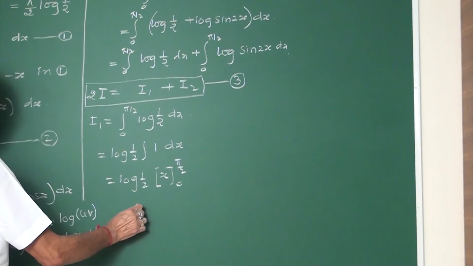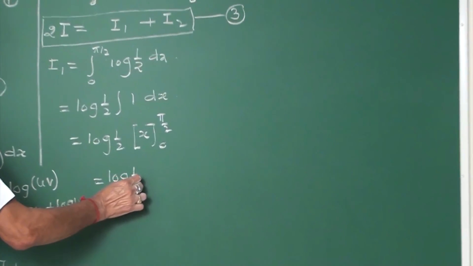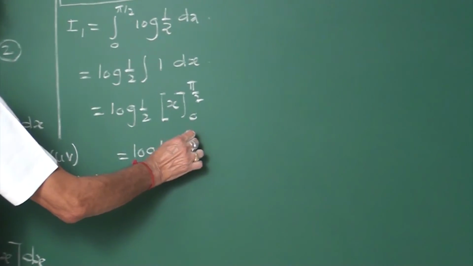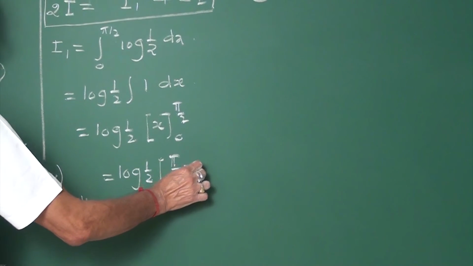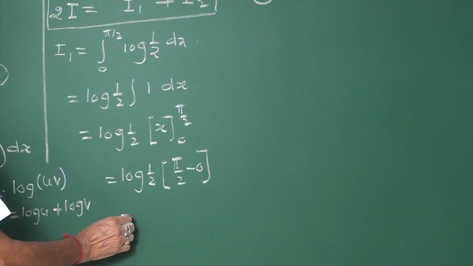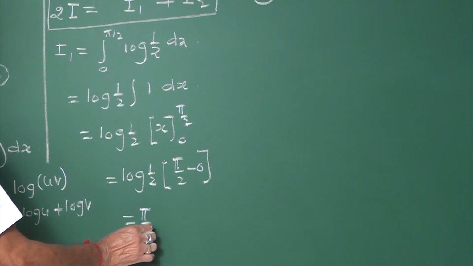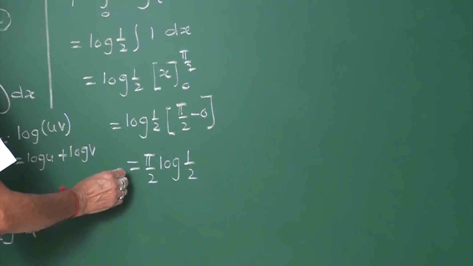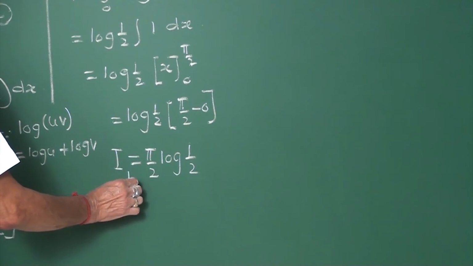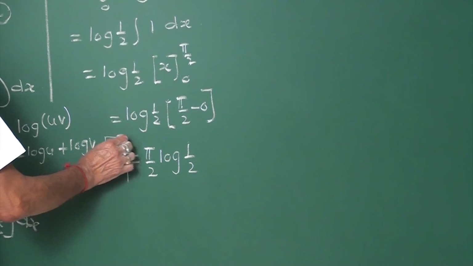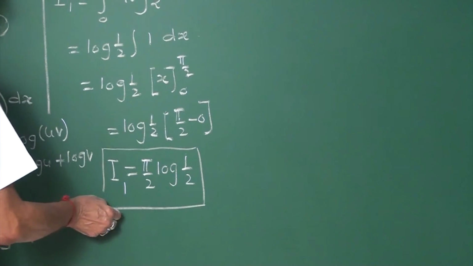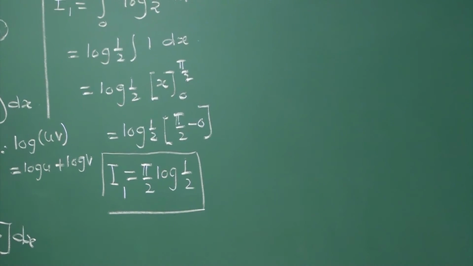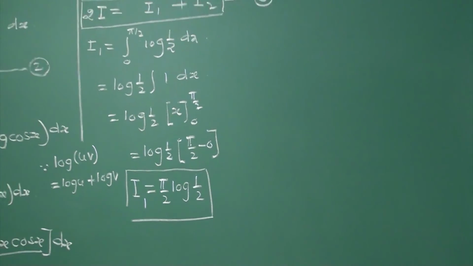Put x equal to upper minus lower. Pi by 2 minus 0 is pi by 2, into log 1 by 2. This is I1. Next, go for I2.